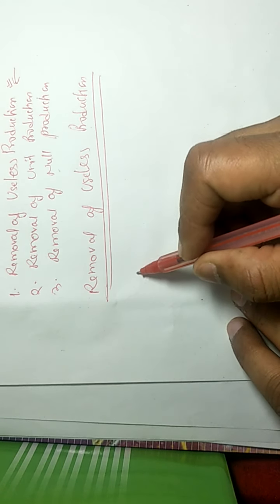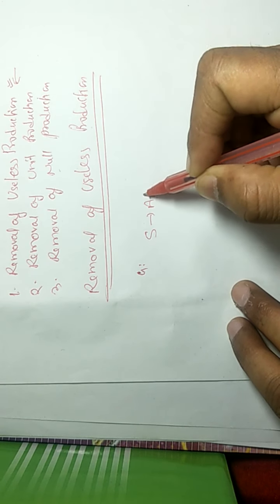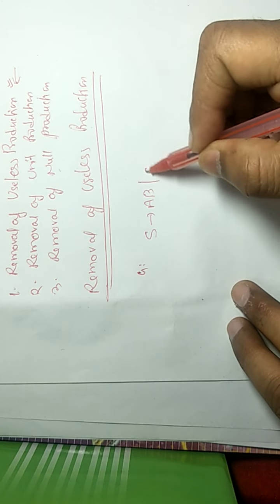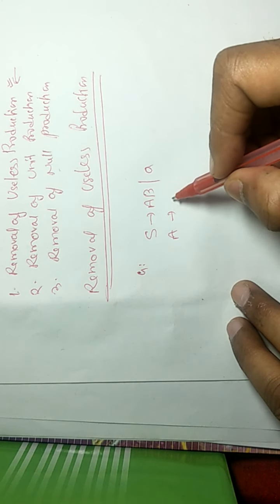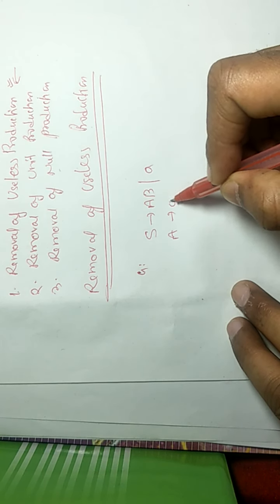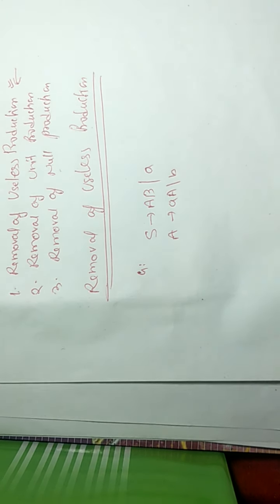Suppose we have a grammar S tends to AB slash A, A tends to A slash B. So we have to find a grammar equivalent to this grammar after removing useless production.